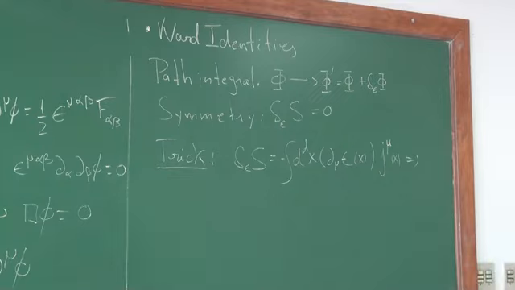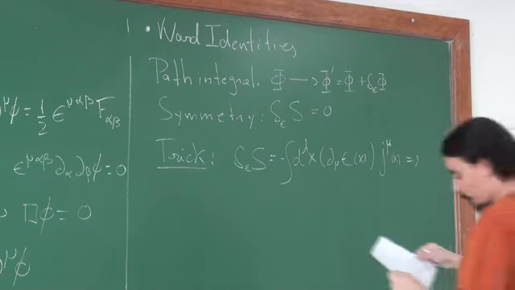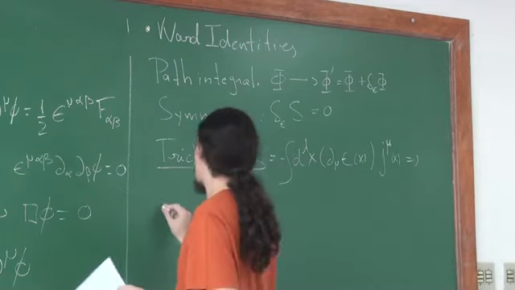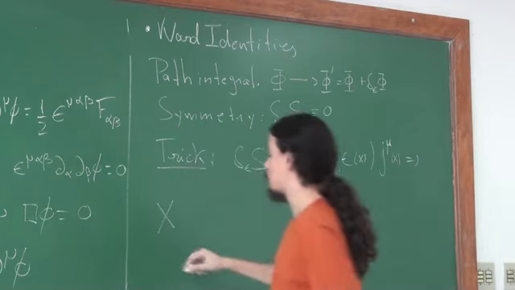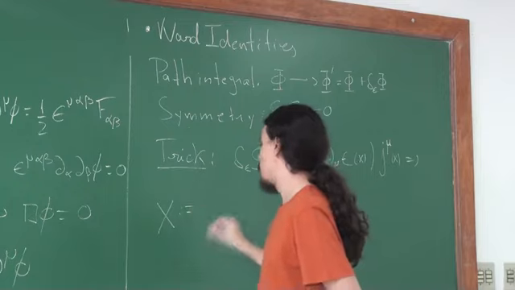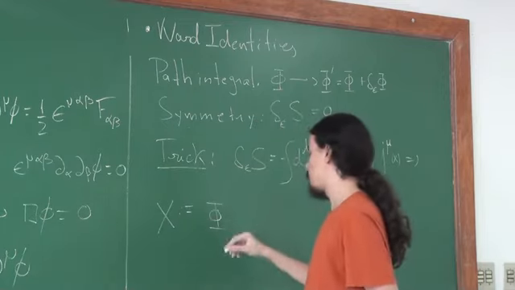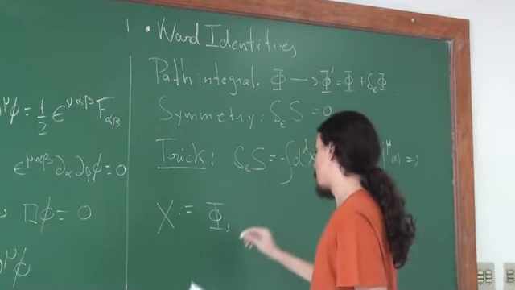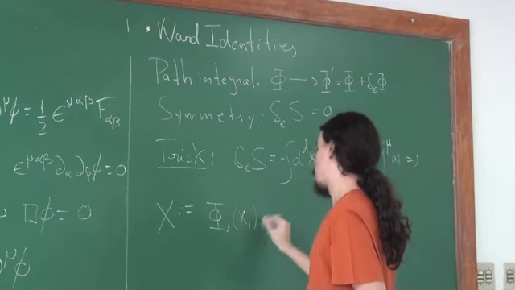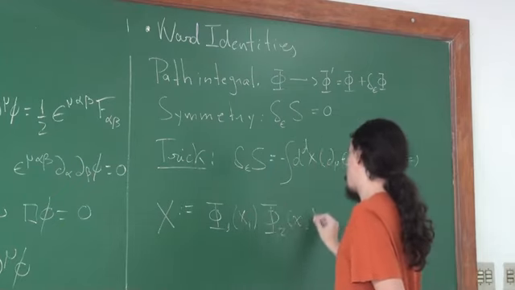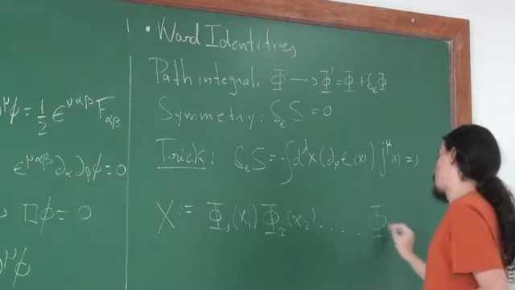Okay, but that is not the case yet. And the point is then that we will study this. Well, I'll introduce this notation first. X, I will use to denote n fields. So it will be field 1 at spacetime point 1, field 2 at spacetime point 2, and so on, to a field n.